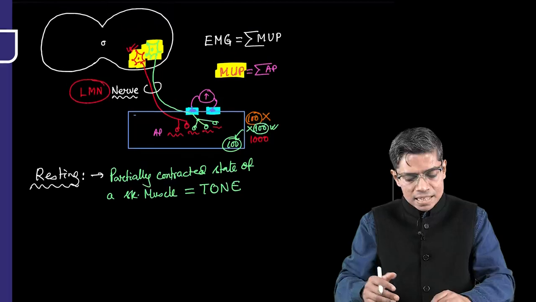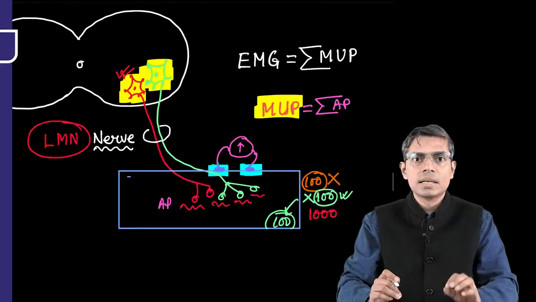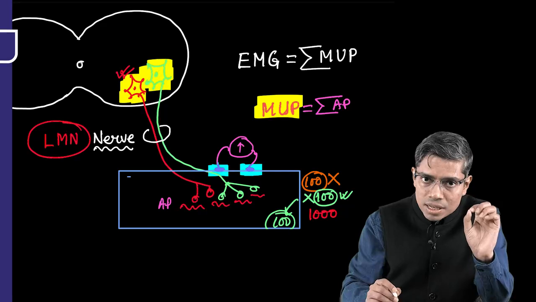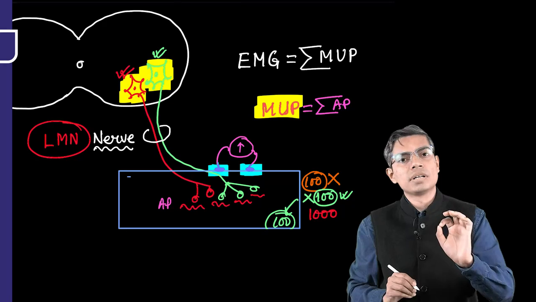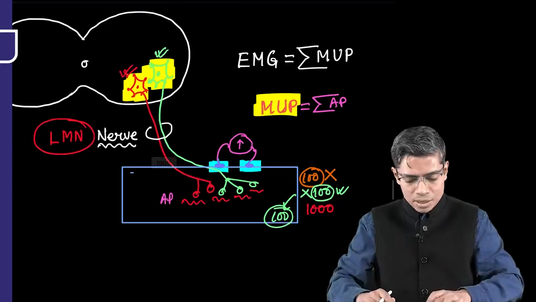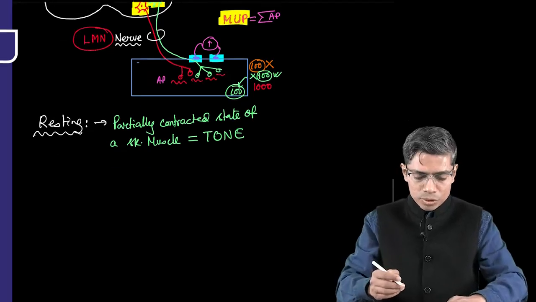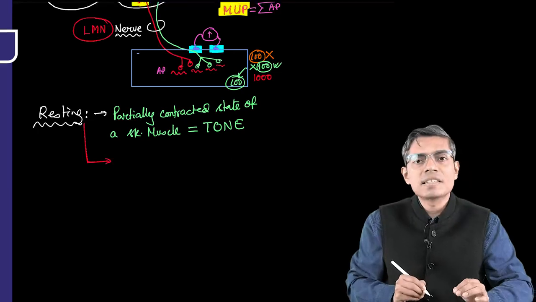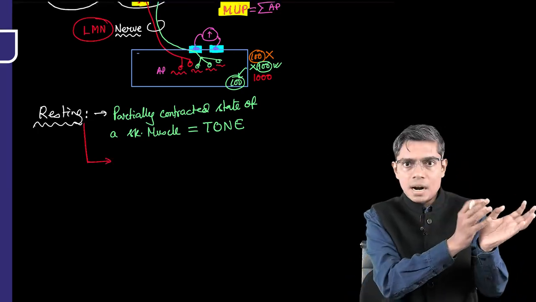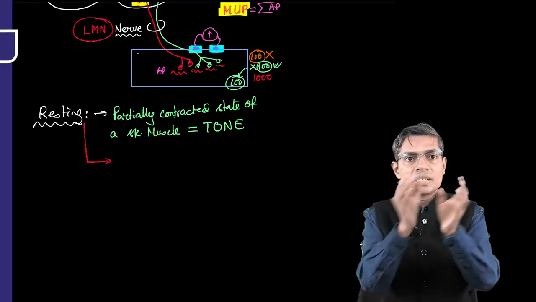How are these motor units activated? They are activated by asynchronous discharge of the motor neuron even in resting condition. So what is the reason? Some of the motor neurons discharge asynchronously, meaning 100 will be activated first, then another 100, then another 100.